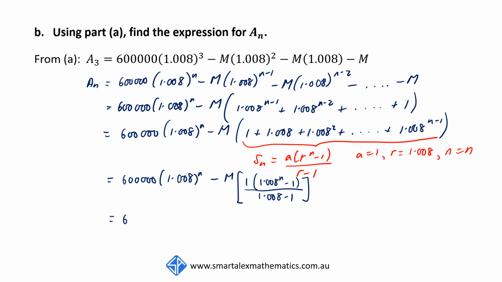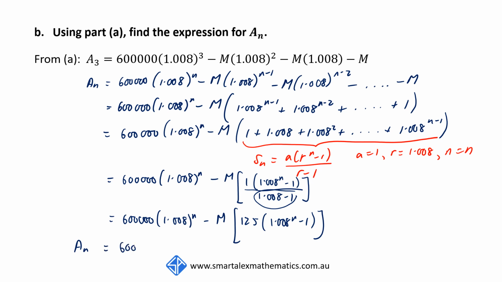Now, 1.008 minus 1 is 0.008, and when we take the reciprocal of that, that's going to give us 125. And so the final expression for AN is simply equal to 600,000 times 1.008 to the N minus 125 M times 1.008 to the N minus 1.